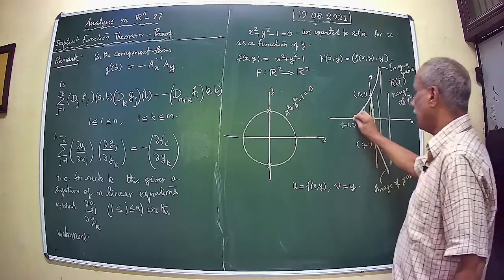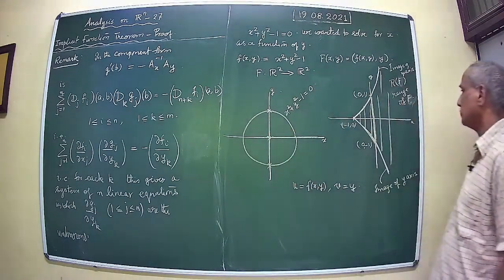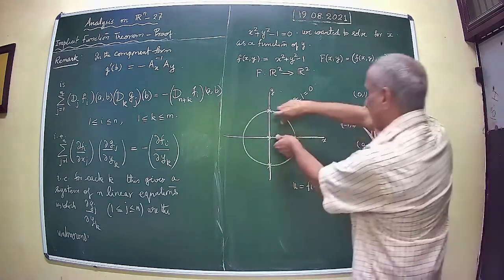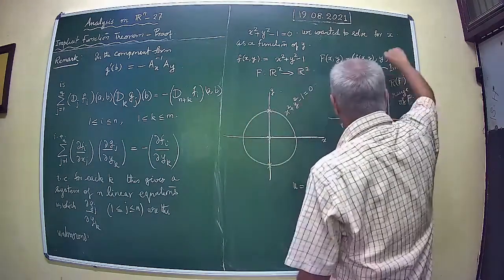So this point is the image of this. 0, 0 goes over here. So this line bends into and moves up and bends into two parts like this.